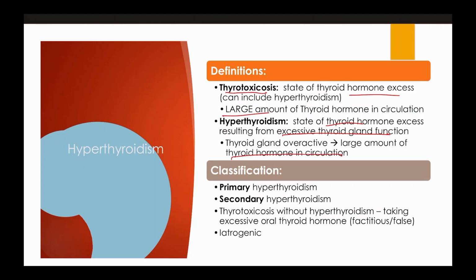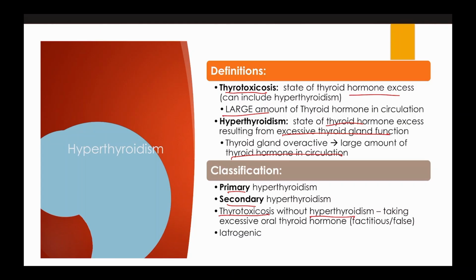When we talk about hyperthyroidism, we have to classify it. Primary and secondary, so we have those again. Primary is a problem with the thyroid gland itself. Secondary is an outside cause of why they're having thyroid issues. You can have thyrotoxicosis without hyperthyroidism, and the reason is people are just taking thyroid hormone excess.